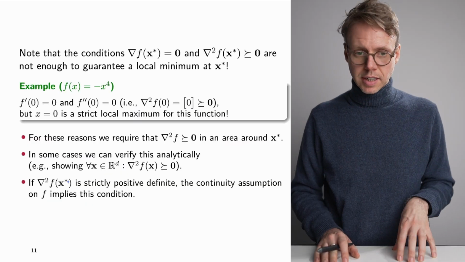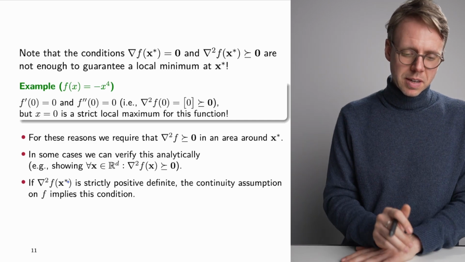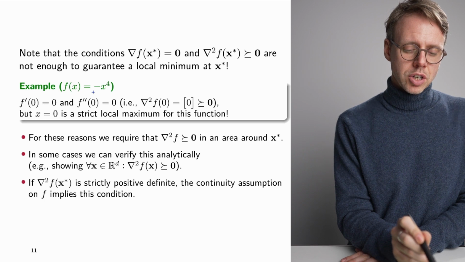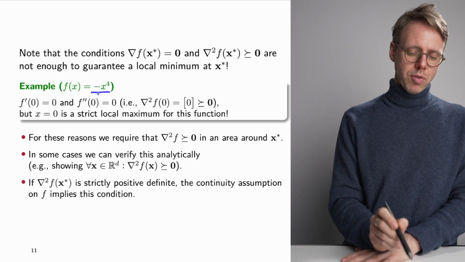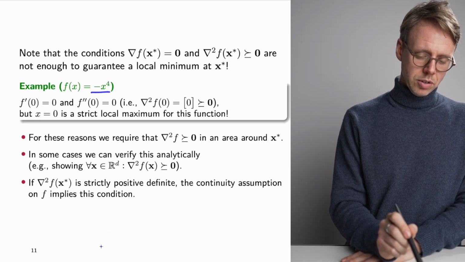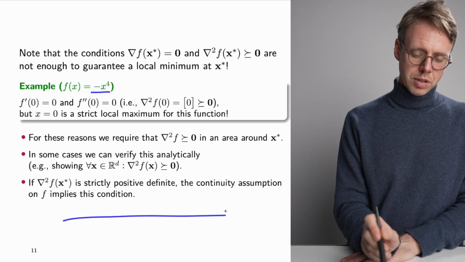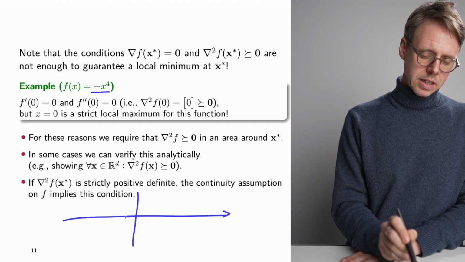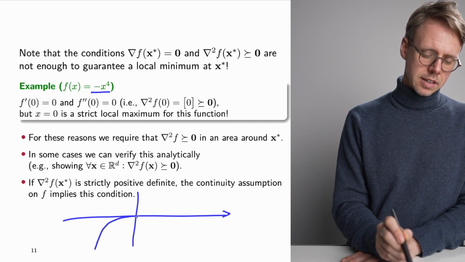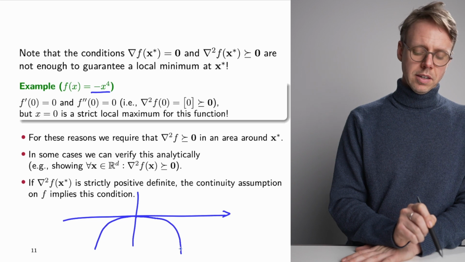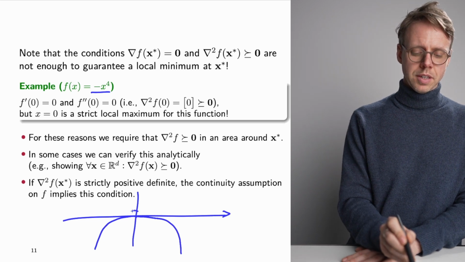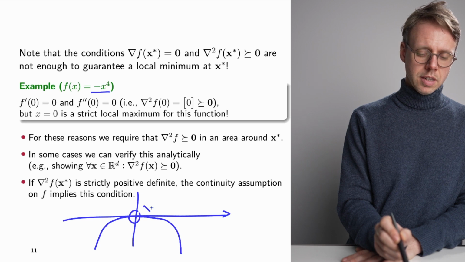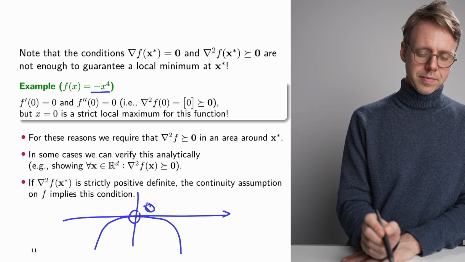Let's look at the second example that is a little bit more nasty even. Here we have the function minus x to the power of 4. It looks very similar to a parabola, but is a little bit more flat here around this point 0.